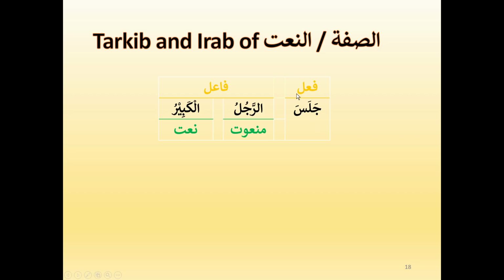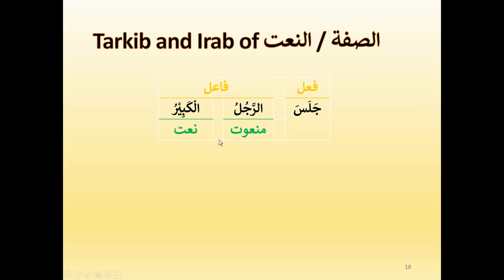That is tarkib, because we are trying to understand the meaning of the sentence. And then we'll use terms like man'ut, na'tun, because this is your man'ut, what you're describing, and this is the description. But when we come to Irab, we don't use the term man'ut. This is not there. Why? Because this will then take a place or slot in the sentence. This is your fa'il. This is just describing the fa'il. That's Irab.